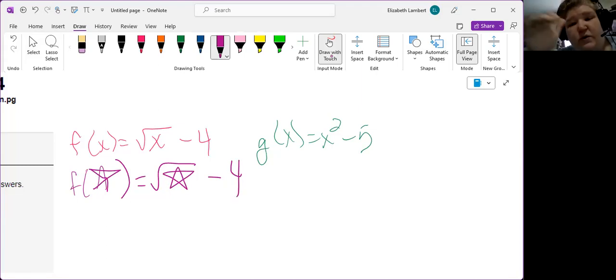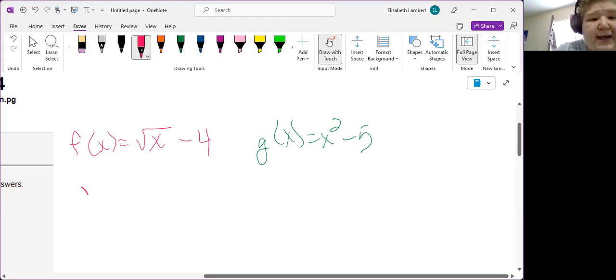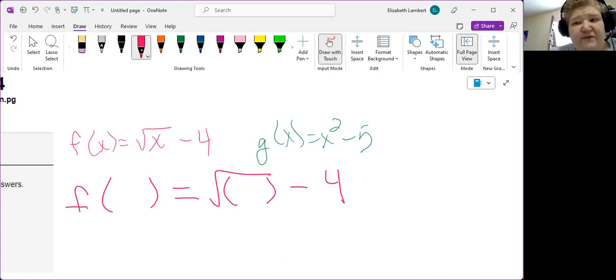Literally, we can put anything we want in there. All right, so for f, wherever there's an x, I'm going to put some parentheses, but otherwise I'm recopying f. Now we're going to put g inside f. So this is figuring out f of g of x, the first thing it asked.